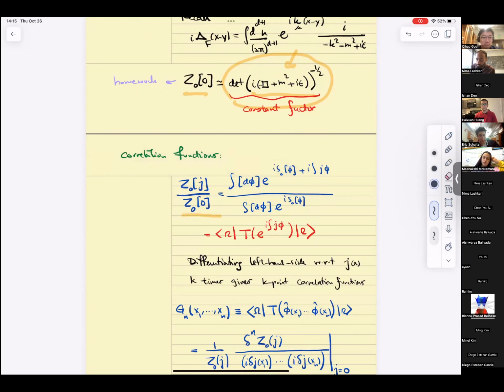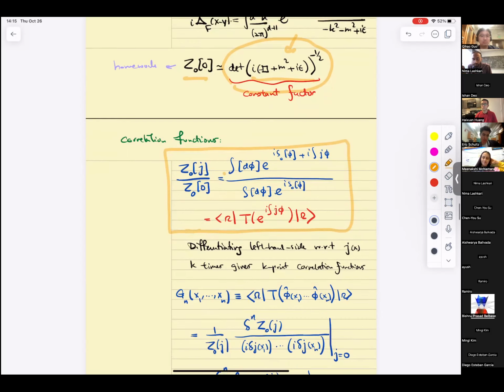This is just a direct application of the principle we saw earlier: how to write down the expectation value of a time-ordered operator in terms of path integrals, with this little trick where you give some sort of imaginary part to the time.